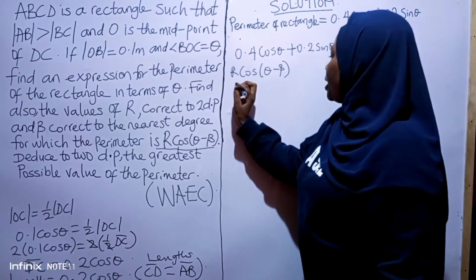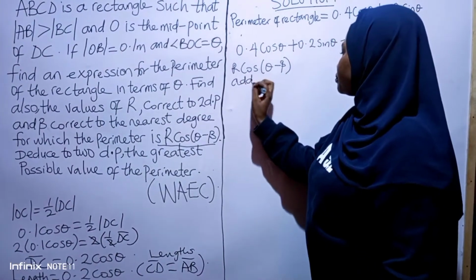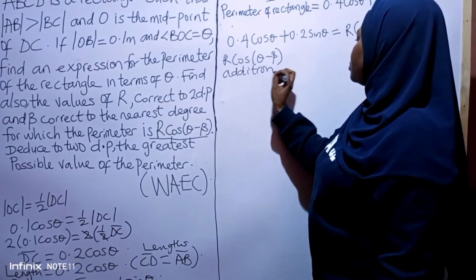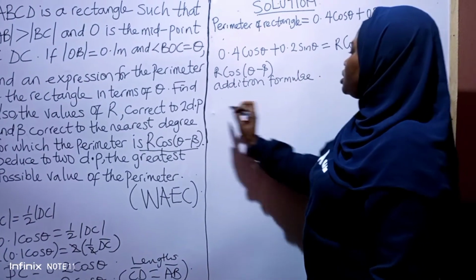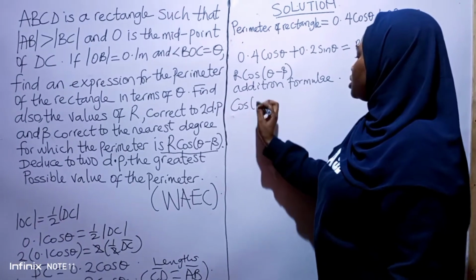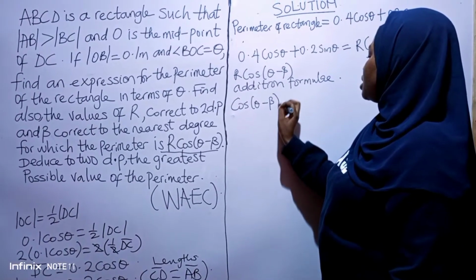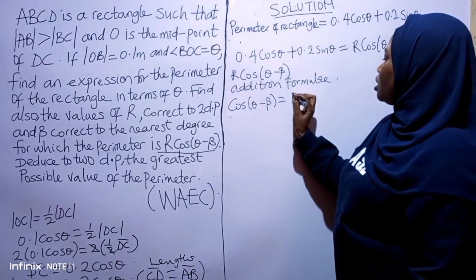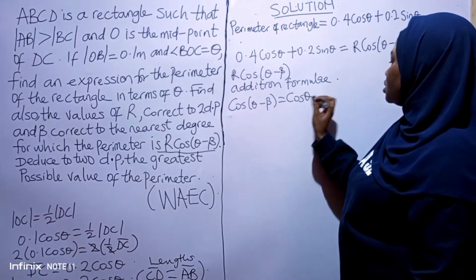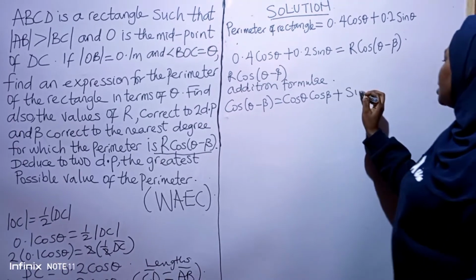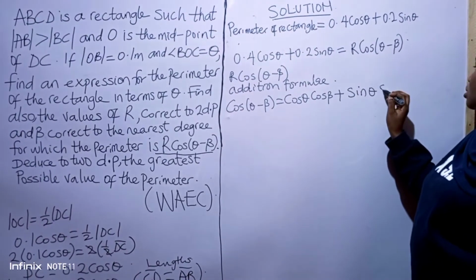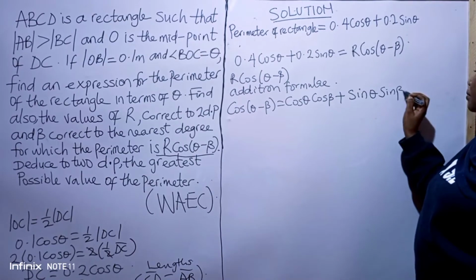By the addition formula, cos(theta minus beta) is the same thing as cos theta cos beta plus sin theta sin beta.